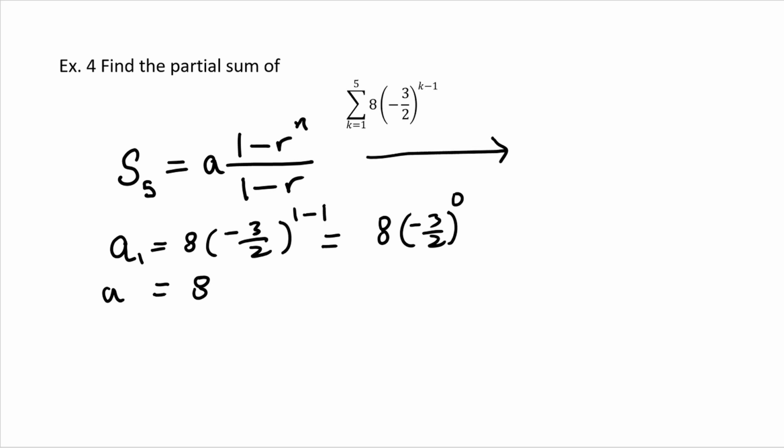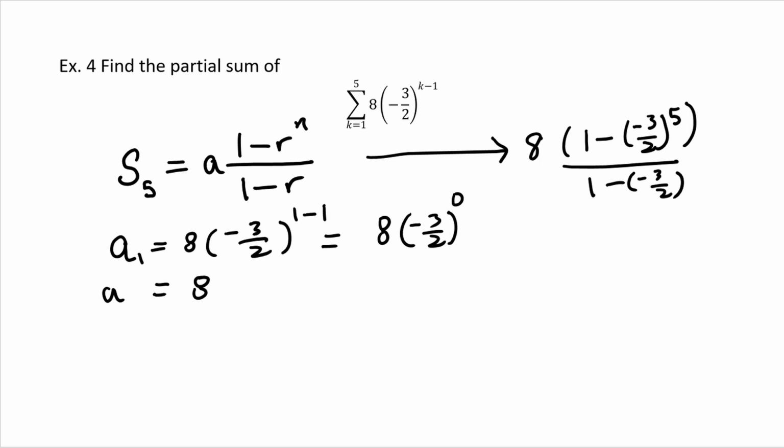We would write this formula S sub 5 as 8 times (1 minus (negative 3/2) to the 5th) divided by (1 minus negative 3/2). Let's continue.